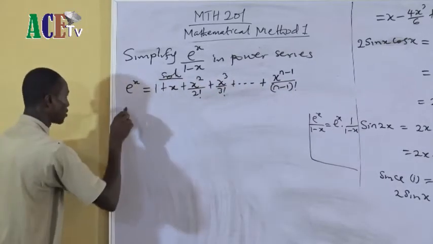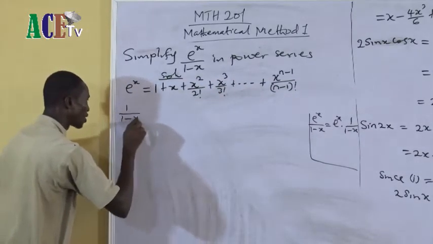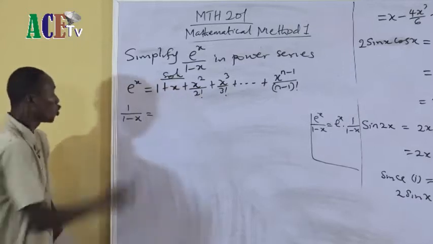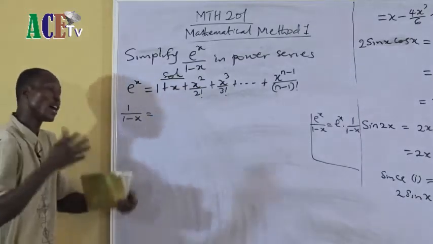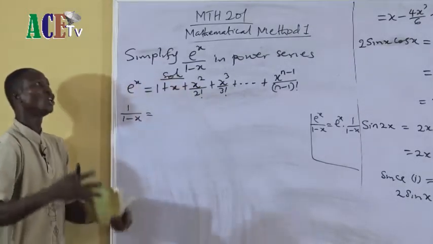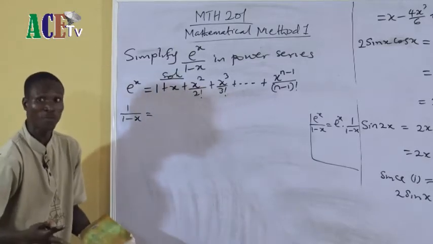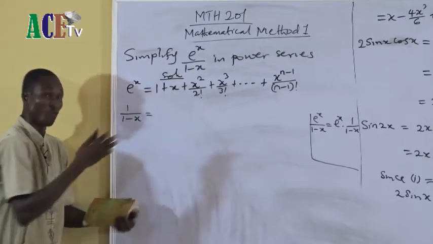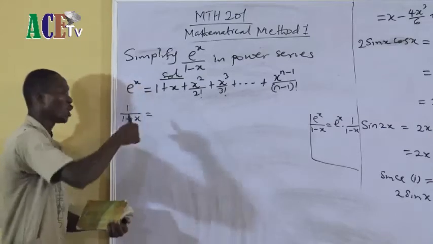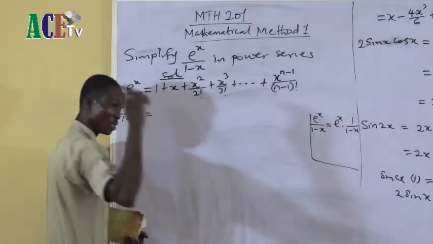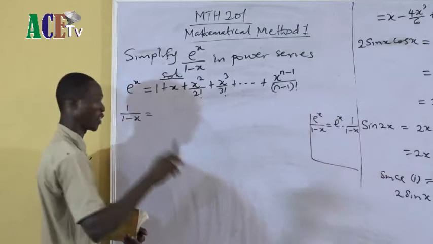Then what is 1 over 1 minus x? Use any method to do this one. You can use the long division method. You can use Maclaurin's method. But for this level, use the long division method, the one you did in partial fractions.